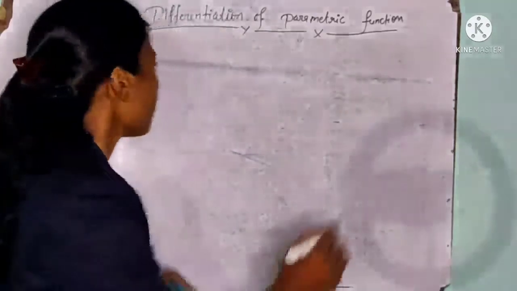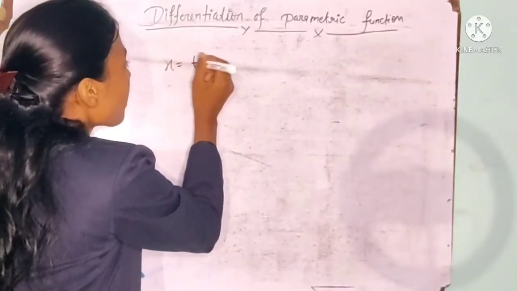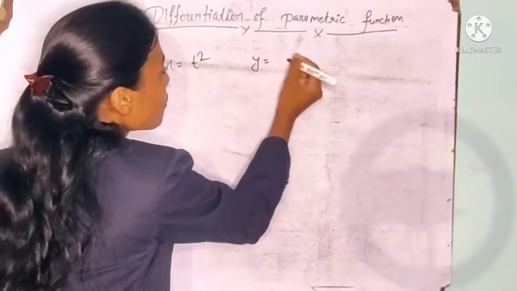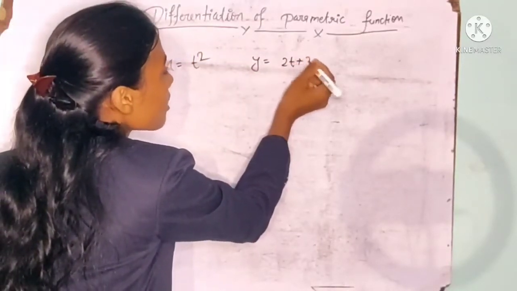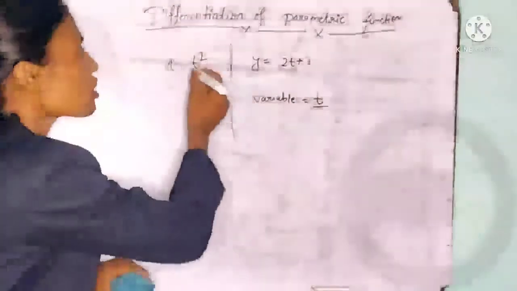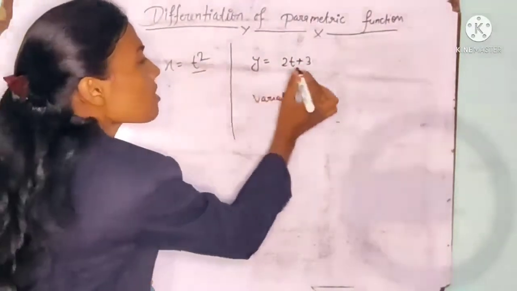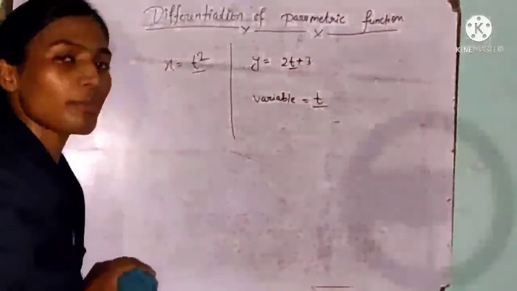Suppose the given functions are x equals t squared and y equals 2t plus 3. See, both functions have a common variable t.